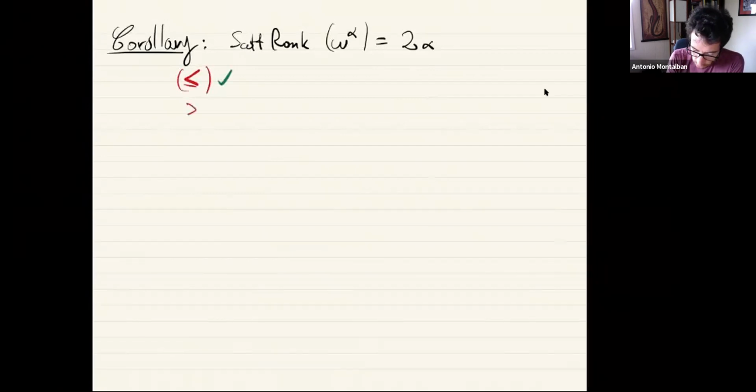So let's show this inequality. And we're going to use the Scott sentence. We showed all these ranks are the same, so let's use the Scott sentence rank.